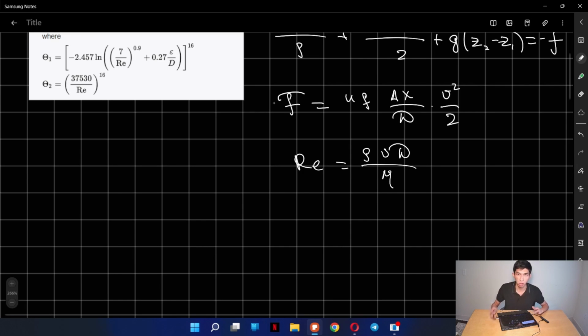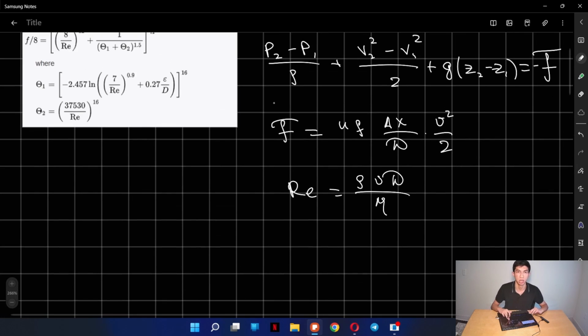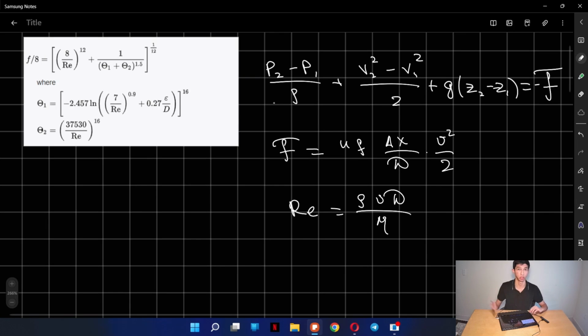So we use our Moody diagram to calculate the friction factor for a specific Reynolds number. But in this question, we're going to use something called the Churchill equation, which calculates the Fanning friction factor for any given Reynolds number.